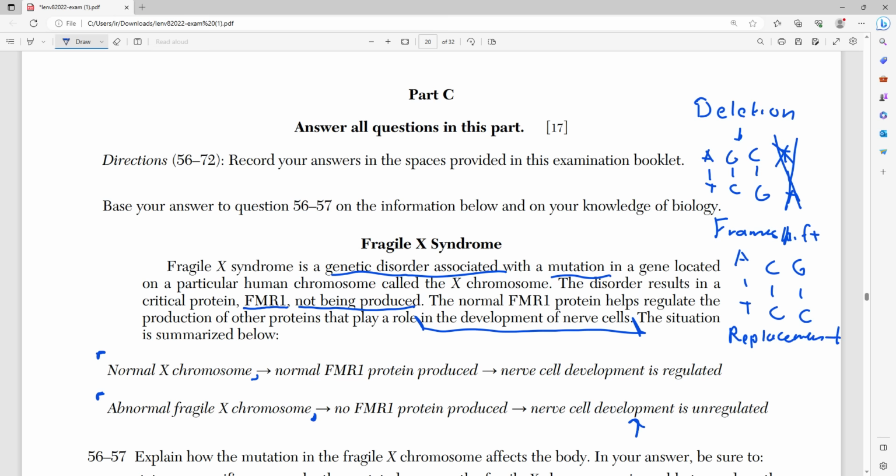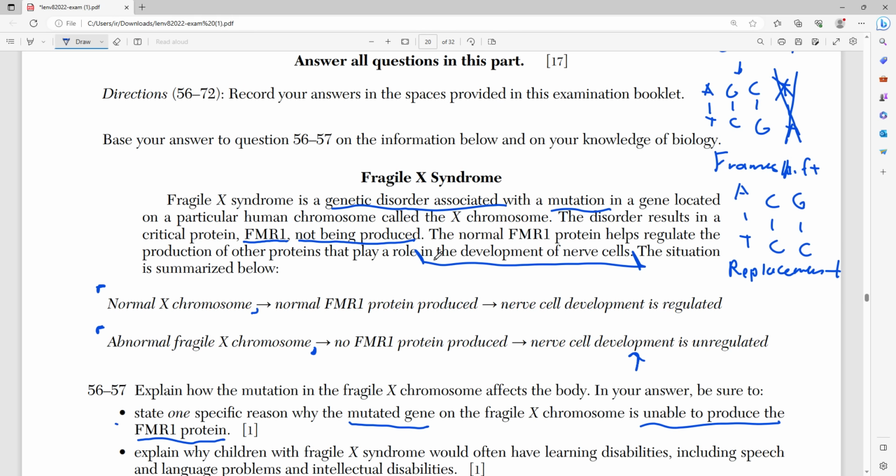There's probably a better term for that, but just to save some time, I'm going to call it that, where a specific base is actually replaced out of nowhere. So this C could be replaced with a T, or this could be replaced by an A, and that could ruin the entire sequence. So those are all the different types of mutations that can happen in your genetic material.